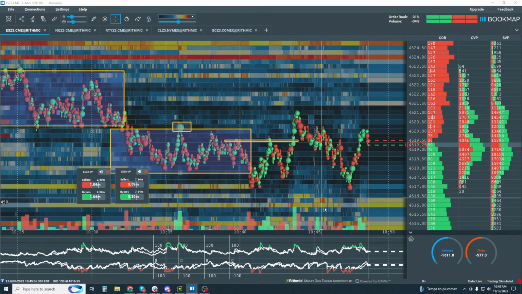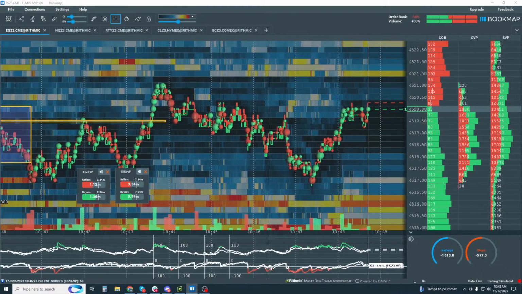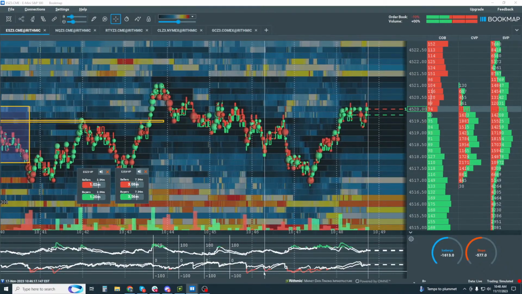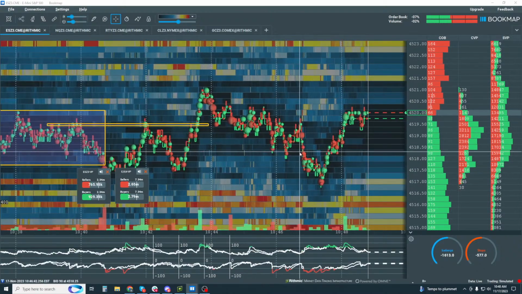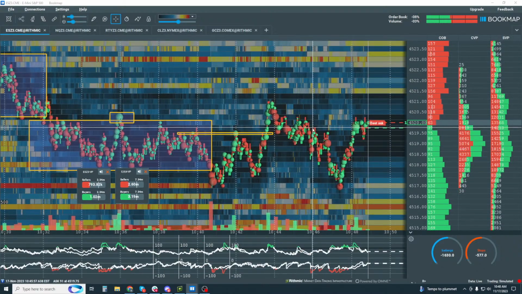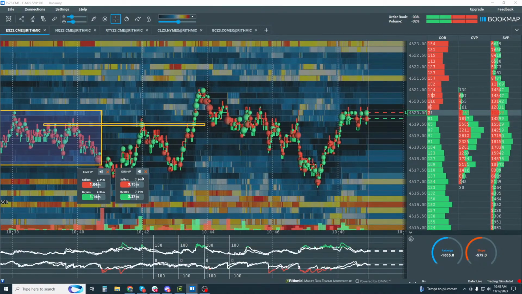Okay, so that was good. We can see it in here as well. This line in here is the ES, and the one that was turning red is the three markets.